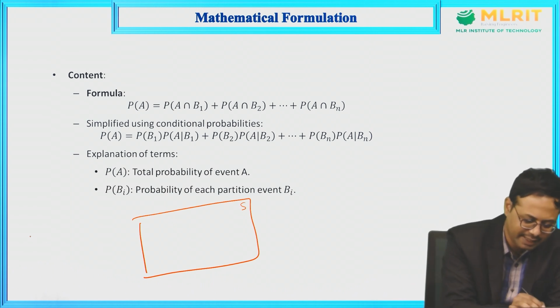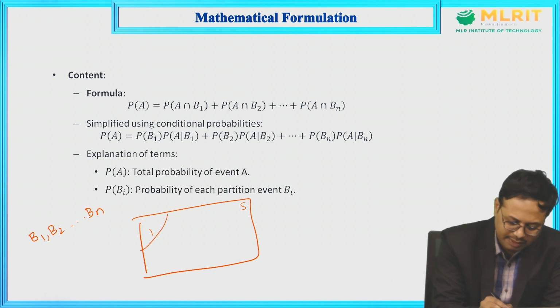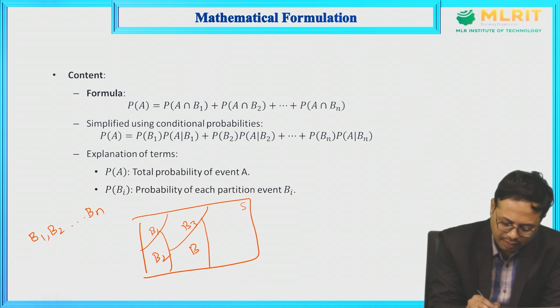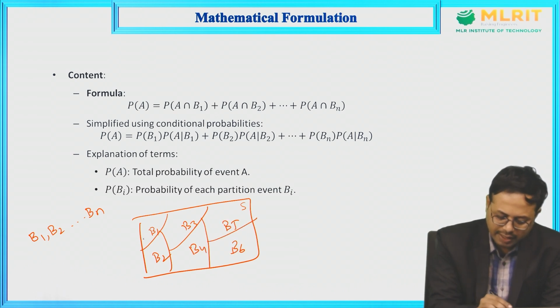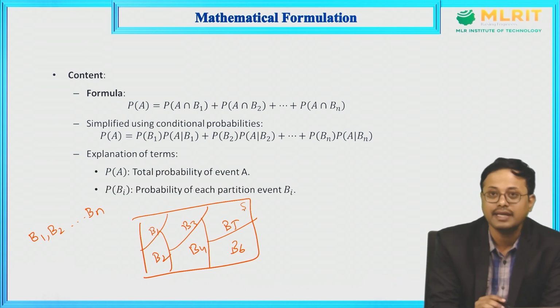Let us consider that B1, B2, B3, and so on up to Bn are mutually exclusive events. For example, this is B1, this is B2, this is B3, this is B4, this is B5, this is B6. The set of all these elements represents the sample space.